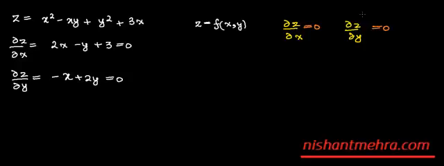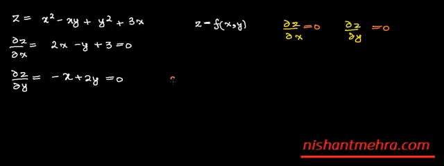When these two partial derivatives are set equal to 0, they will generate two equations, and hence there will be two values, for x and y. So just see this: del z by del x in this case will give you 2x minus y plus 3 equals 0, and del z by del y will give you minus x plus 2y equals 0.